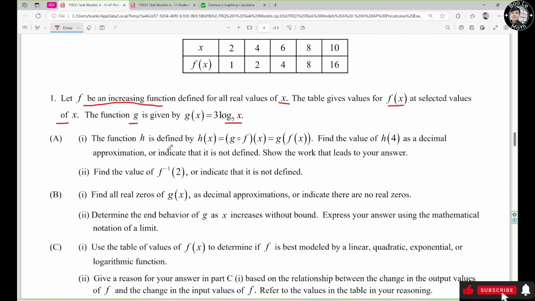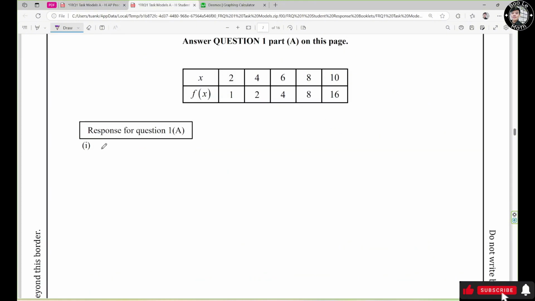The function h is defined by h of s equals g of f of s. Now we need to calculate h of 4, right? We have h of s equals g of f of s, right? Now we need to calculate h of 4, which is g of f of 4, right?